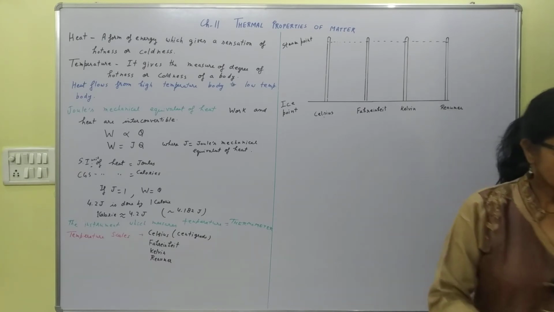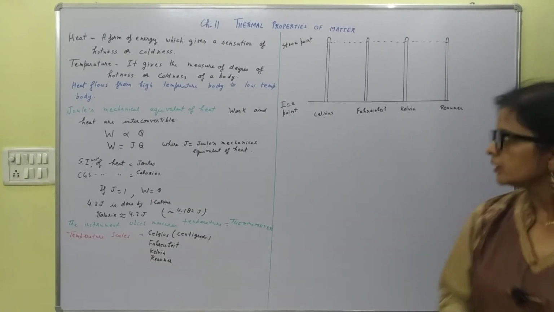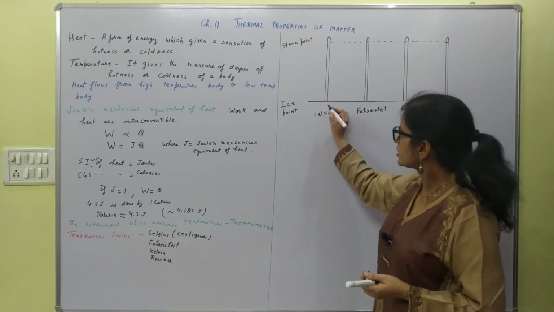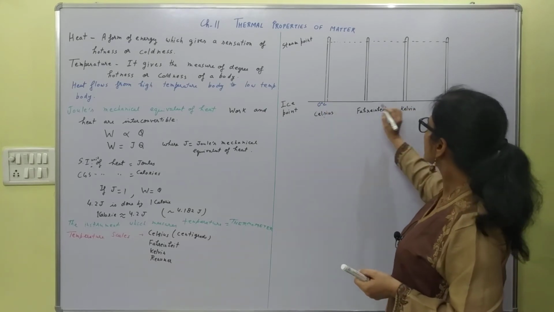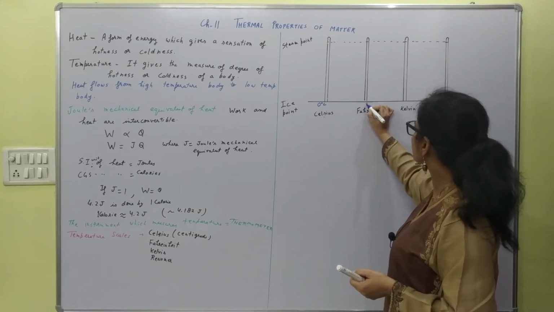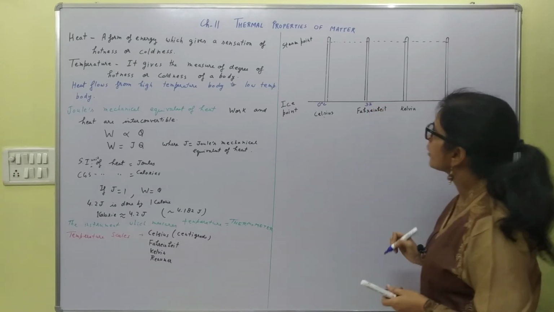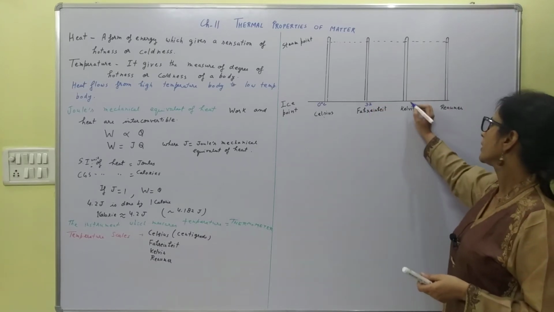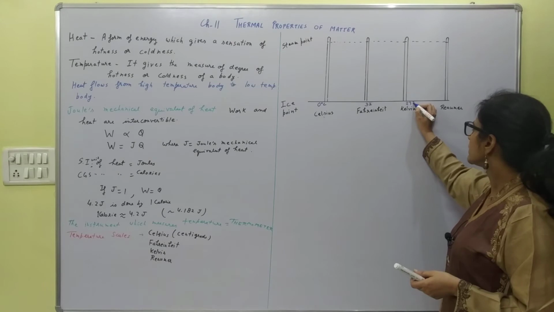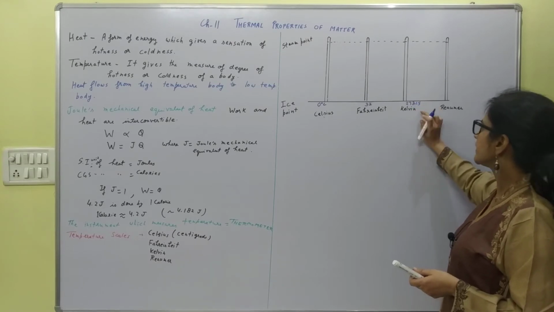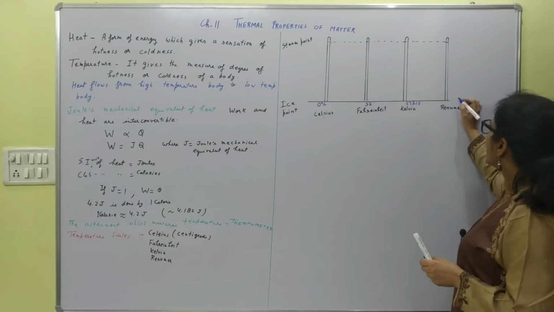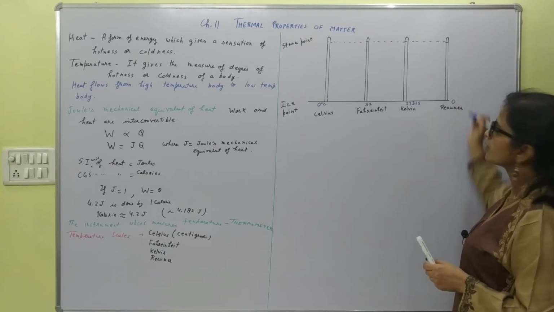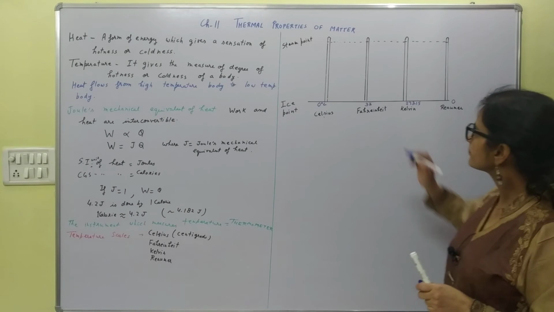Then after that, 0 was marked as the ice point for Celsius scale. 32 was marked as the ice point for Fahrenheit scale. 273.15 was marked as the ice point for Kelvin scale, and for Reaumur again 0 was marked as the ice point.